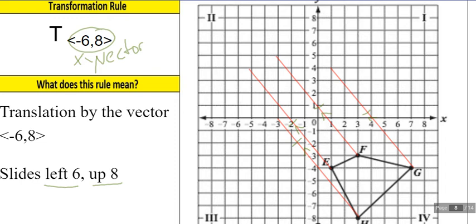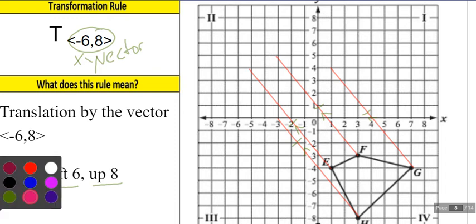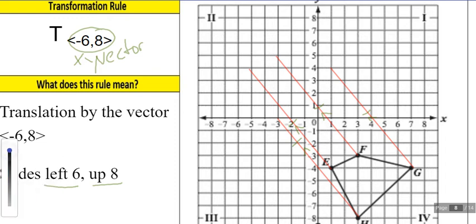In terms of mapping this out, we have H prime right here. This is going to be our E prime, that's going to be our F prime, and that's going to be our G prime. Last step, let's outline the shape really well.